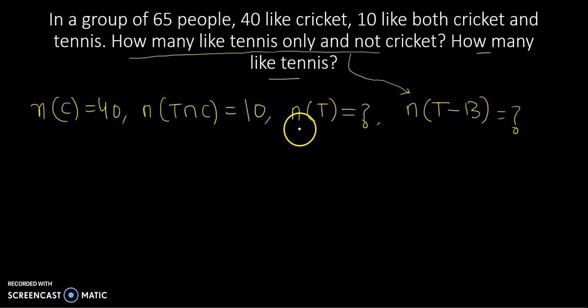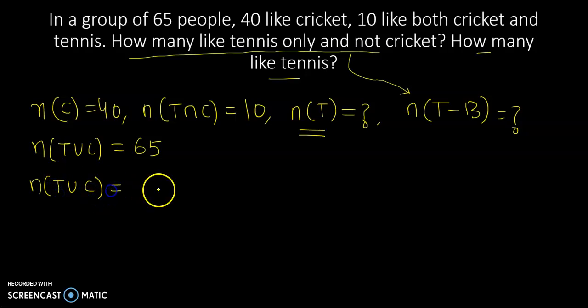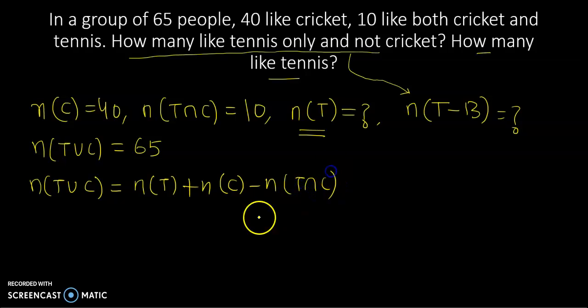There is a group of 65 people, so the people who like tennis or cricket are 65. It's an easy proposition to find this one. We have already done it. So let's find this first: how many people like tennis. The number of people liking tennis or cricket is equal to the number of people who like tennis plus the number of people who like cricket minus the number of people who like tennis and cricket.